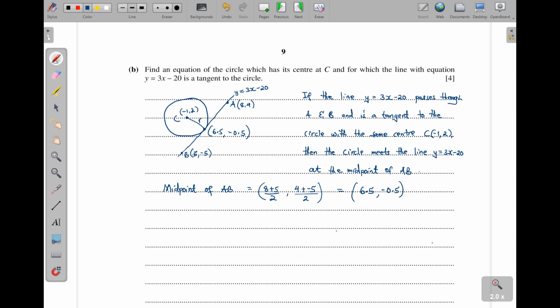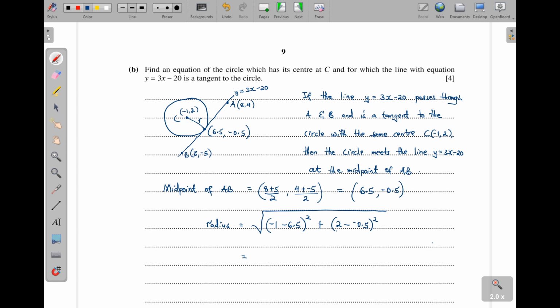Now we need to get the radius here. We are having those two coordinates. So it's the square root of the change in x, we have negative 1 minus 6.5, squared, and then the change in y, we have 2 minus negative 0.5, and then squared.